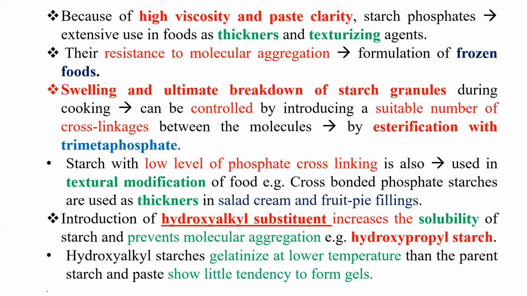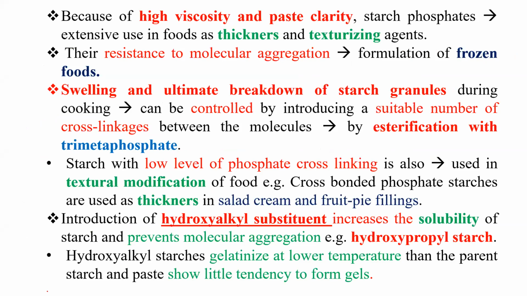Because of high viscosity and paste clarity, starch phosphates have been used extensively in foods as thickeners and texturizing agents. Their resistance to molecular aggregation is important in the formulation of frozen foods.